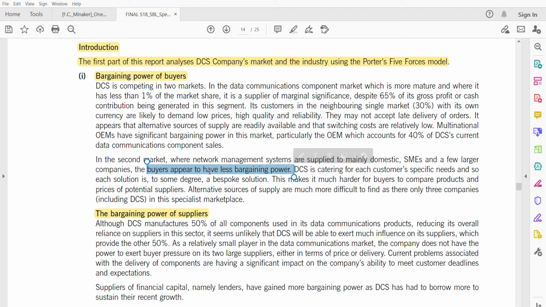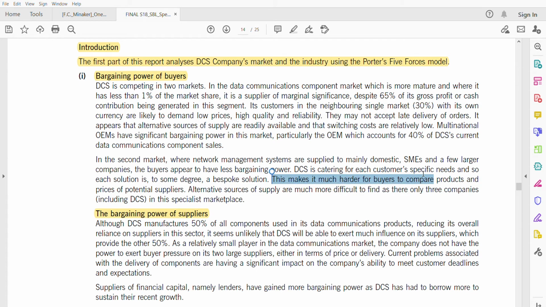Why do buyers have less bargaining power? DCS is catering for each customer's specific needs, so each solution is to some degree a bespoke solution. When you have a customized solution for each customer's requirement, customers have less bargaining power in that type of industry. This makes it much harder for buyers to compare products.